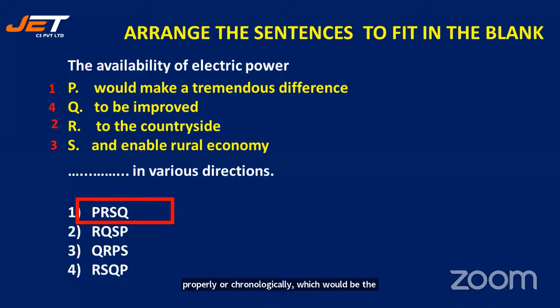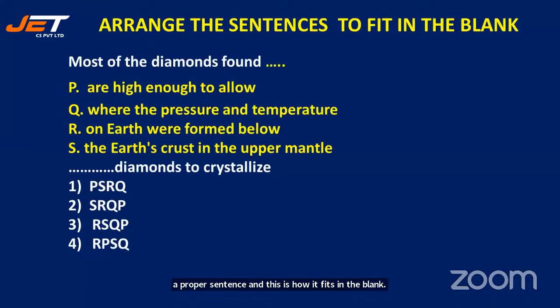Like here, the availability of electric power dash. What is the first and apt sentence? The continuity is would make a tremendous difference to the countryside and enable rural economy to be improved in various directions. This is how it fits in the blank. With this note, let us move on to the second question.